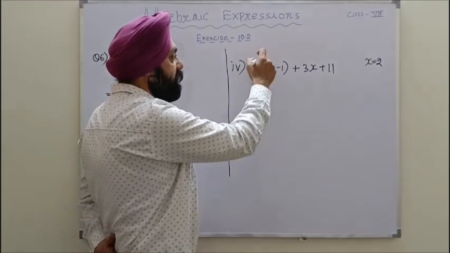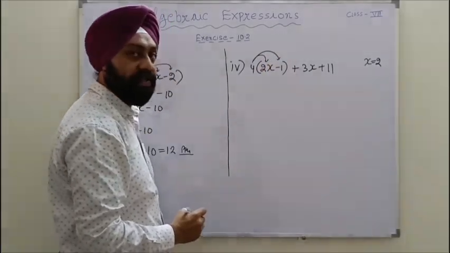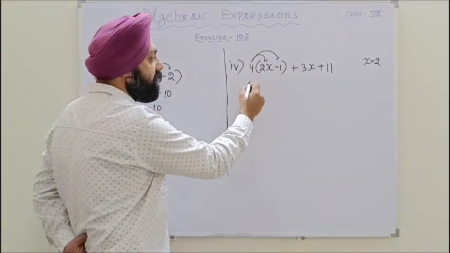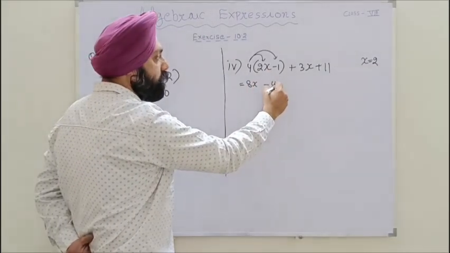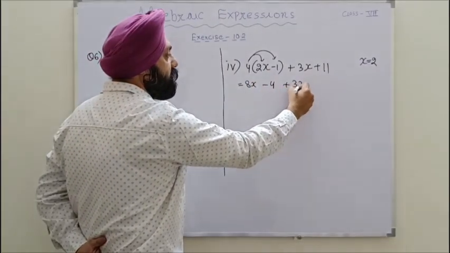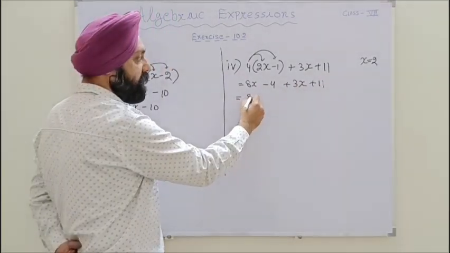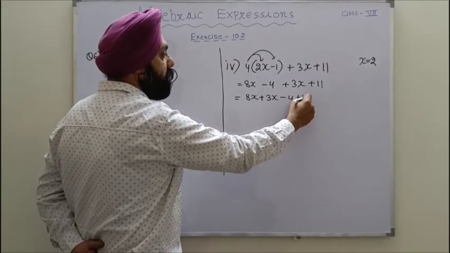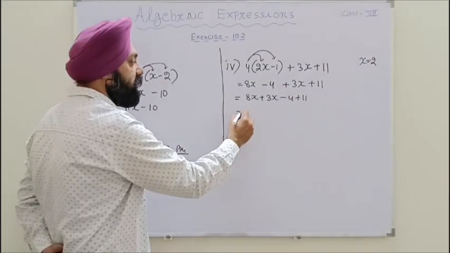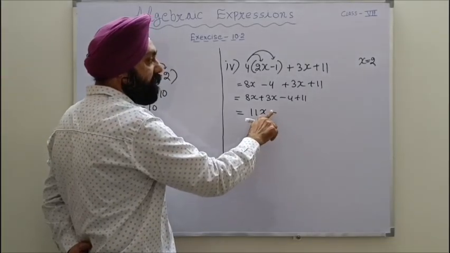Again we have to simplify this. 4 will get multiplied with each and every term inside the bracket. So 4 into 2x will give 8x minus 4 plus 3x plus 11. Again we will combine the like terms, so it will be 8x plus 3x minus 4 plus 11. 8x plus 3x will give 11x minus 4 and plus 11.